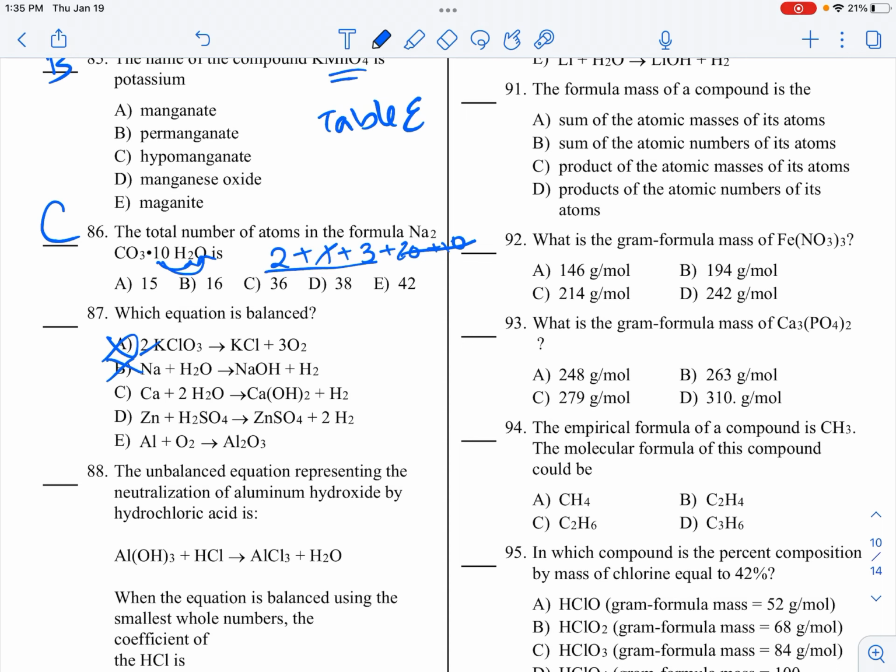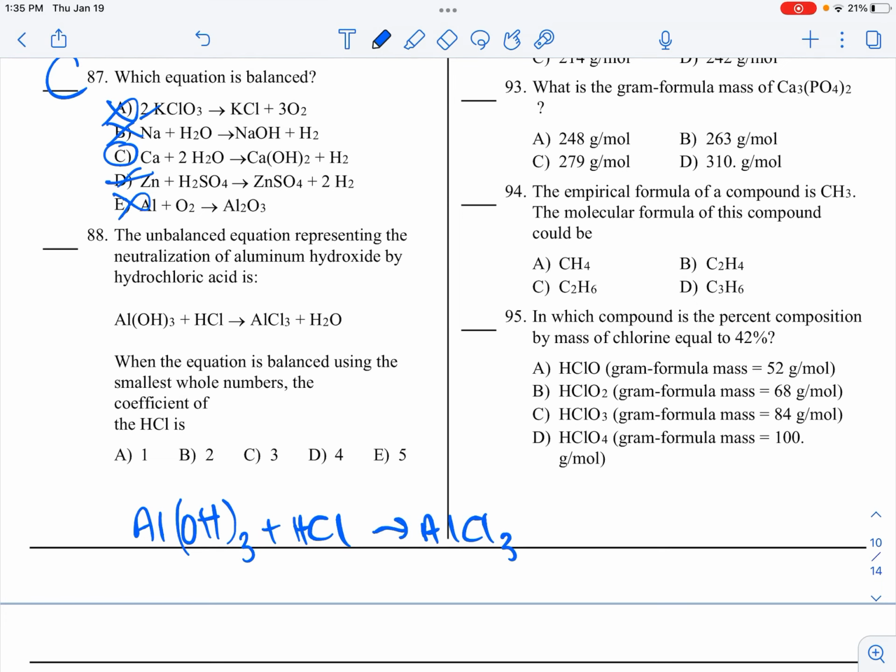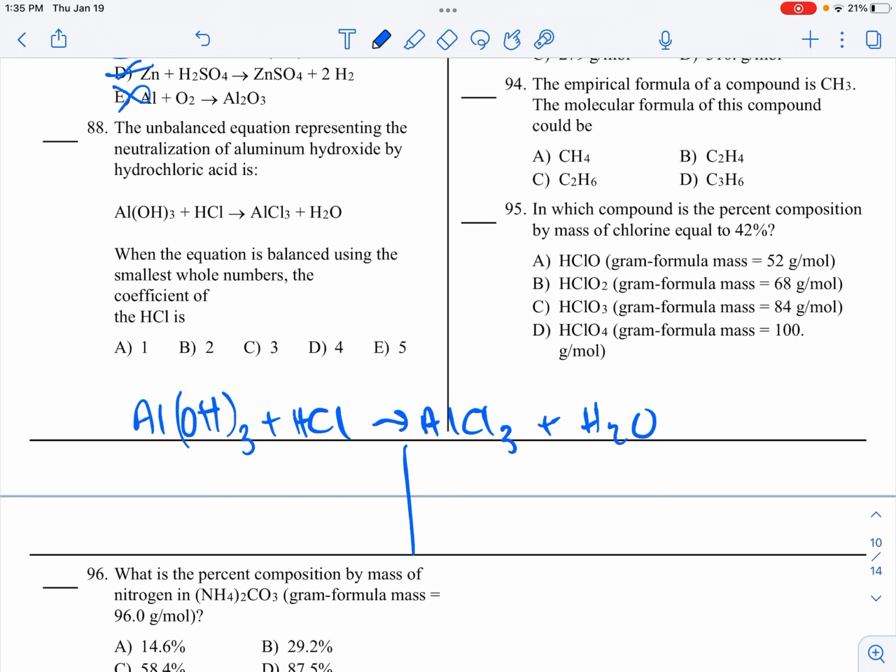Balance it. So let's see. Al(OH)3 plus HCl yields AlCl3 plus H2O. Left side: Al 1, O 3, H 4, Cl 1. Right side: Al 1, O 1, H 2, Cl 3.